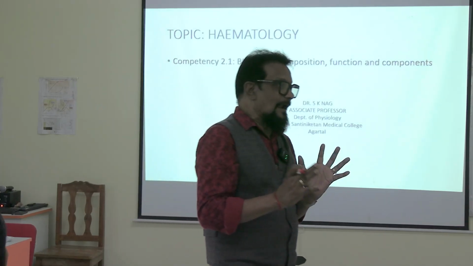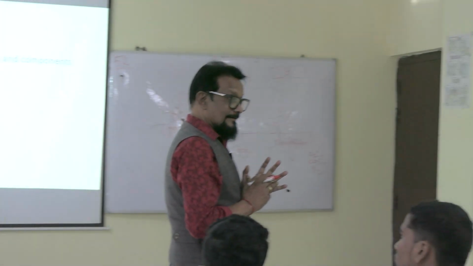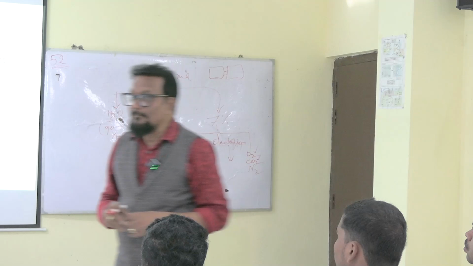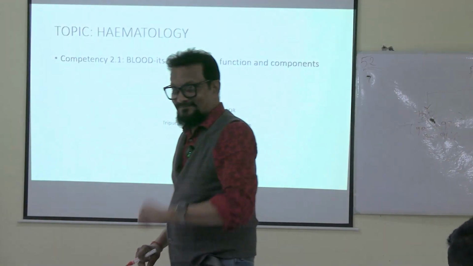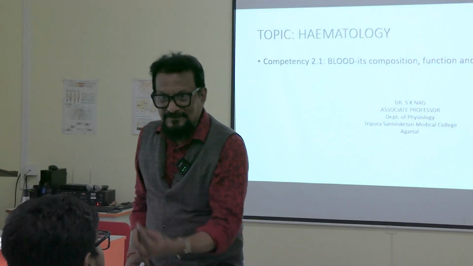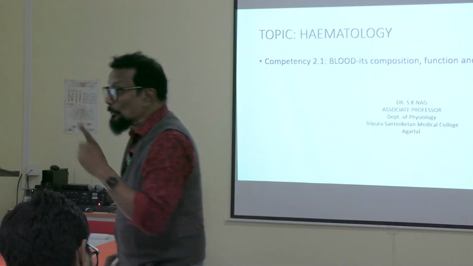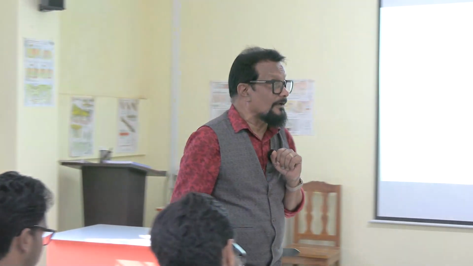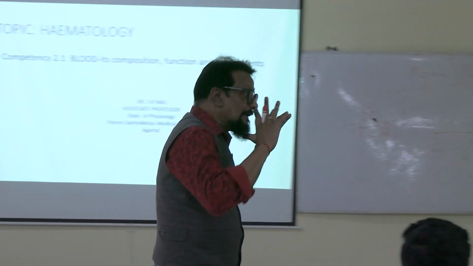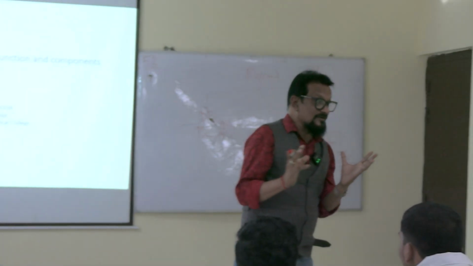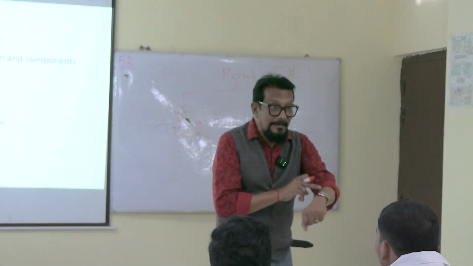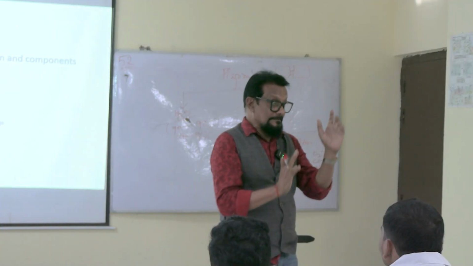So in our blood also buffers are there. We have the hemoglobin buffer. We have plasma proteins, they also act as buffers. We have the bicarbonate and hydrogen ion buffer. We have the phosphate buffer. We have ammonia. Different buffer systems are there. They regulate acid-base balance.